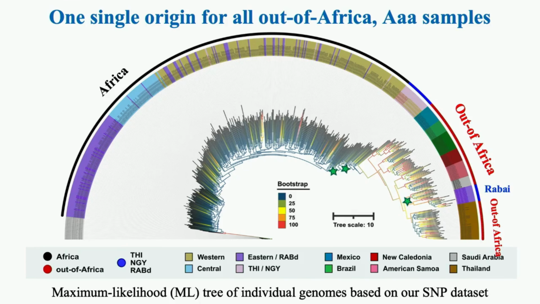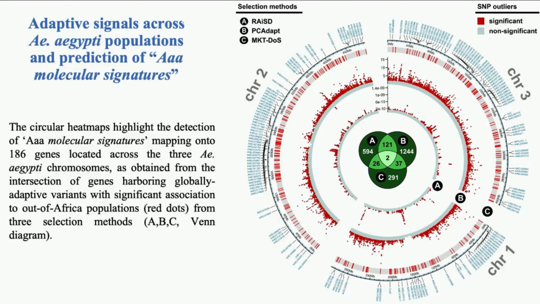And to do that, we used three different approaches. We looked at signatures of strong selective sweeps using RAiSD. We looked at outlier SNPs that would correlate with Aedes aegypti and Aedes aegypti formosus with a higher probability with respect to drift alone using PCAdapt. And then we looked at the direction of selection statistics through the McDonald-Kreitman test.